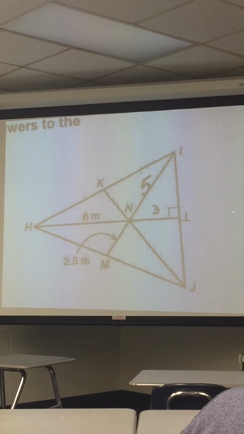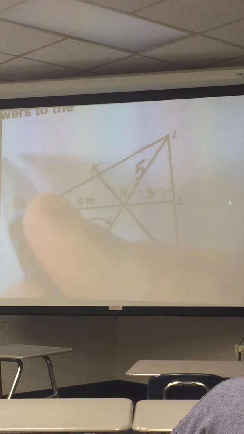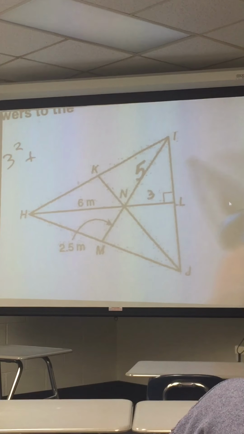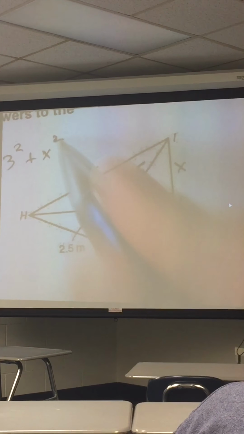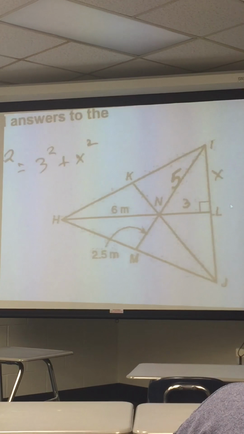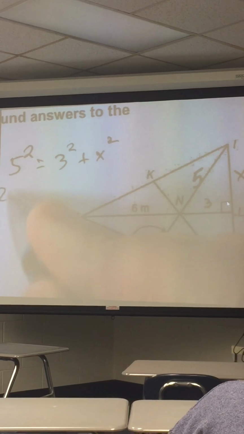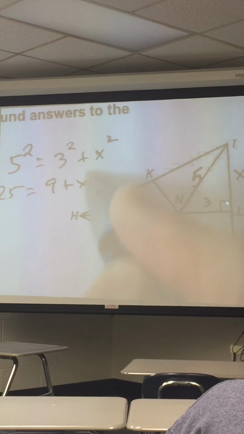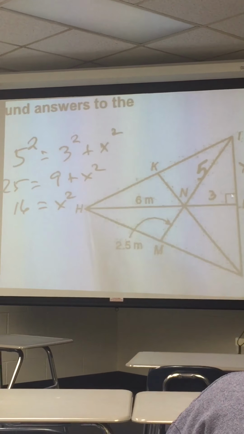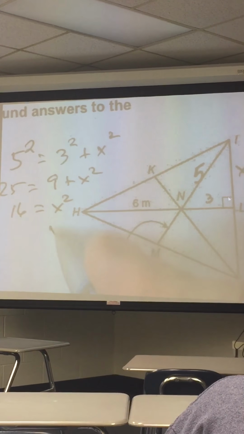Okay, then I can use the Pythagorean theorem. 5 squared is equal to 3 squared plus, and we call this x squared. So 25 is equal to 9 plus x squared, or 16 is equal to x squared. And so x is equal to 4.